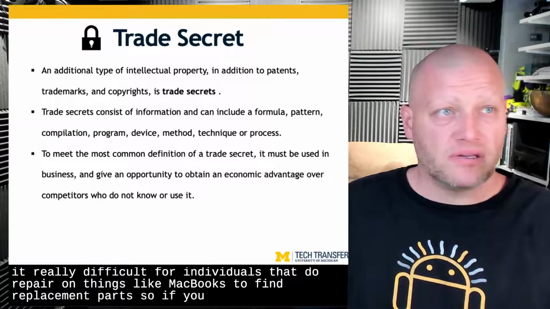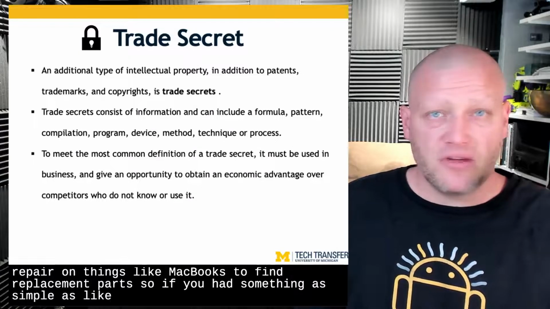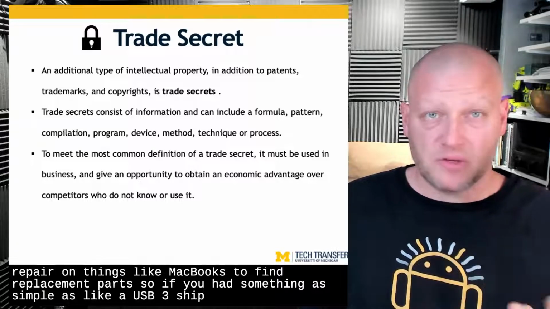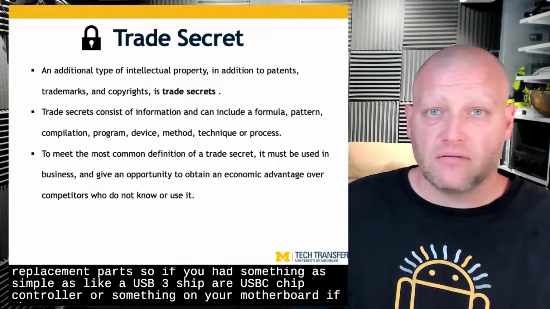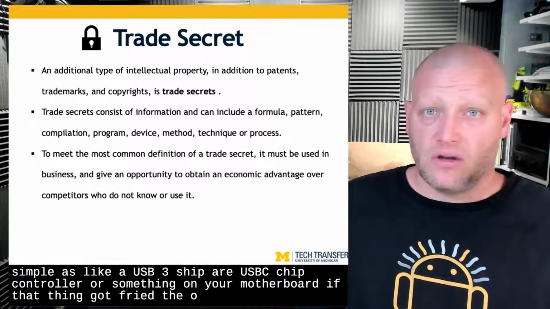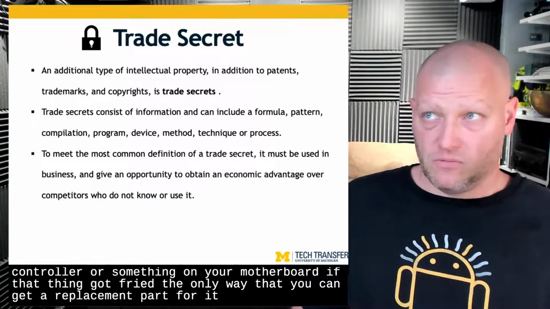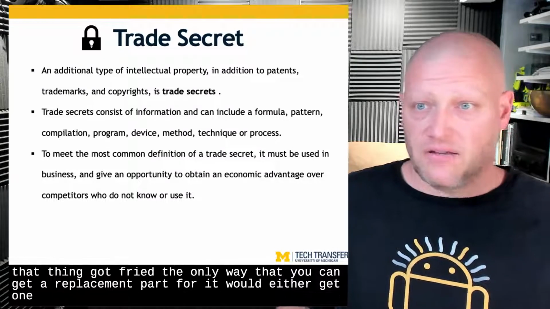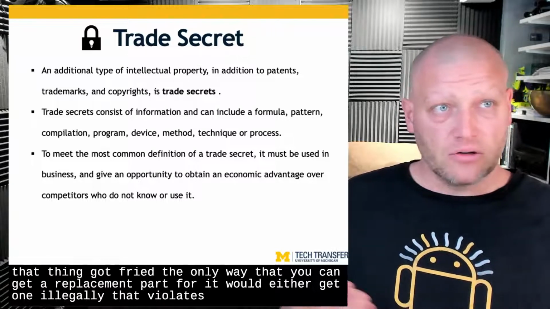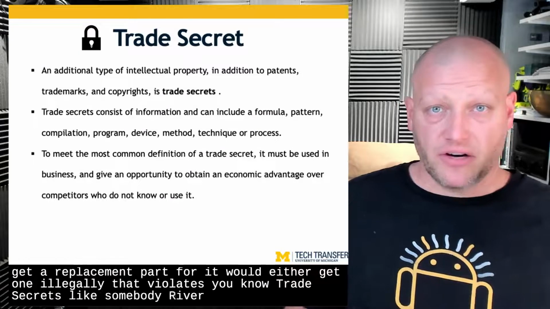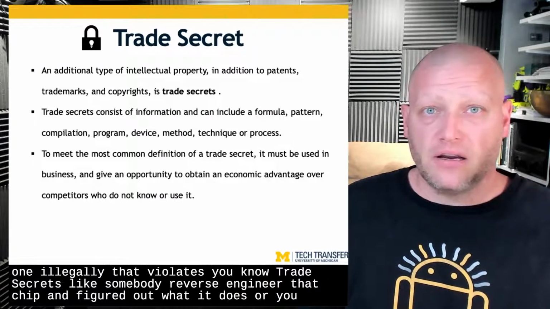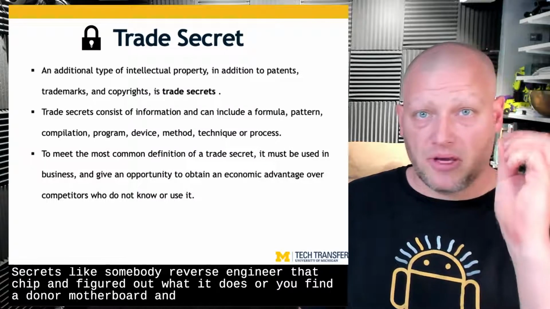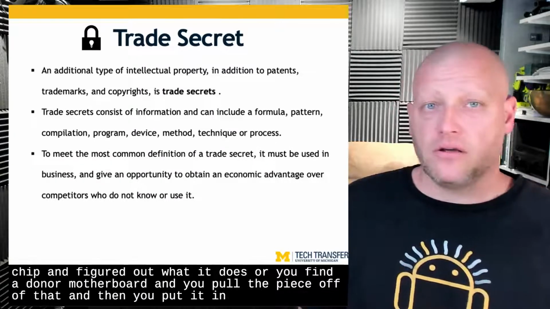If something as simple as a USB 3 chip or a USB-C controller on your motherboard got fried, the only way to get a replacement would be to either get one illegally that violates trade secrets, like somebody reverse engineered that chip and figured out what it does, or you find a donor motherboard and pull the piece off of that and put it into your motherboard.